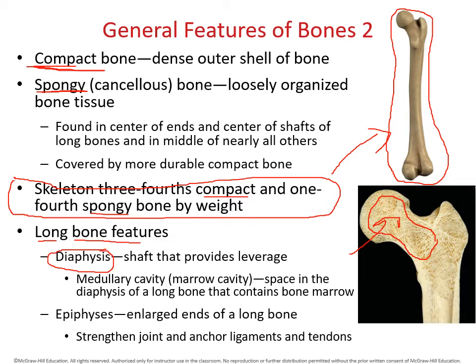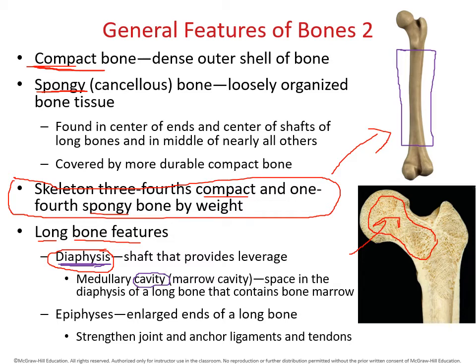The diaphysis is going to be the shaft region. I'm going to go ahead and erase this real quick and switch to a different color so I can highlight this for you. This elongated section of the femur that I'm boxing in, this is my shaft region, my diaphysis. Inside of it, we're going to see that when we cut open the femur bone, we're going to have a little cavity on the inside, a little dip.